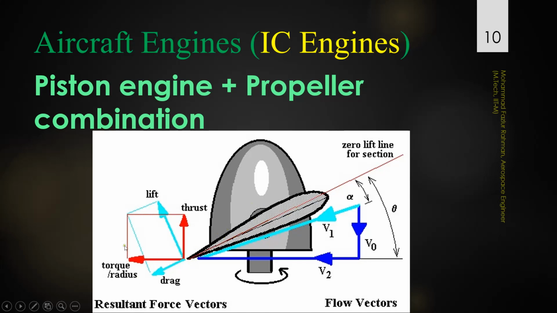These two forces together give a combination of the thrust in the forward direction and the torque required to rotate the propeller. This is the basic operation of the piston engine and propeller combination.